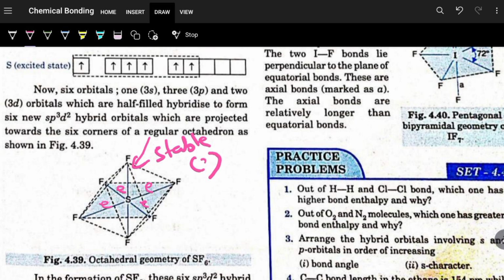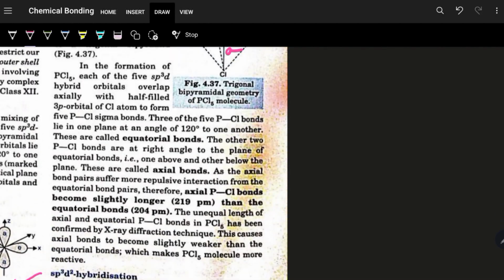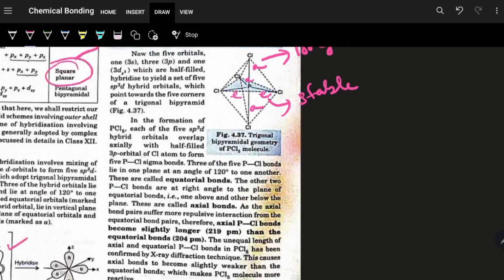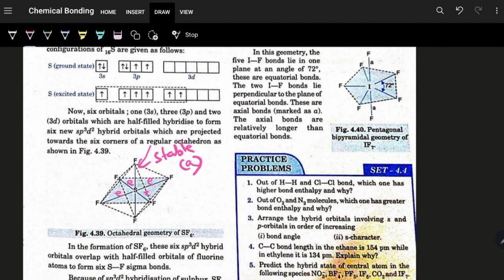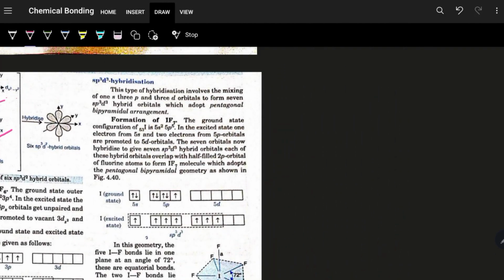But in a TBP structure, what I said is, equatorial is more stable. Axial is a longer bond. So this is just the opposite for octahedral. If there is a lone pair, it will occupy axial, which is more stable.